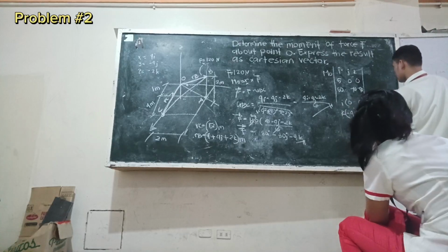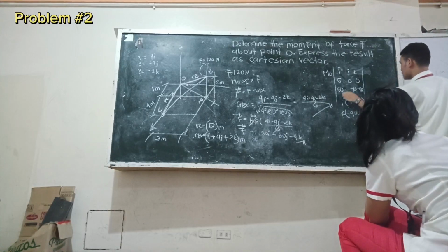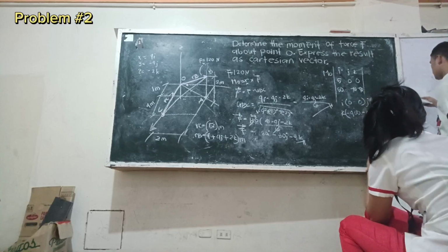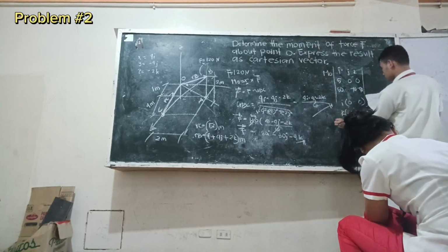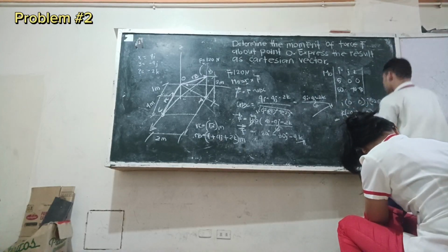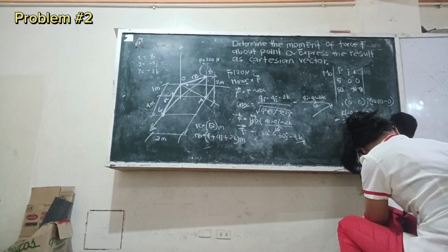So we have 200 for j and negative 400 for k.